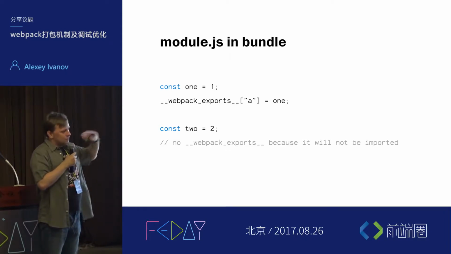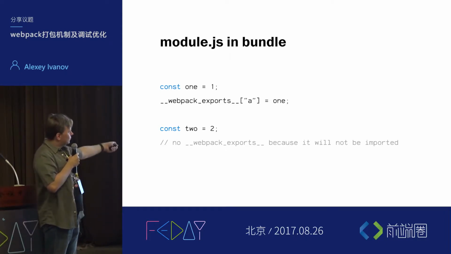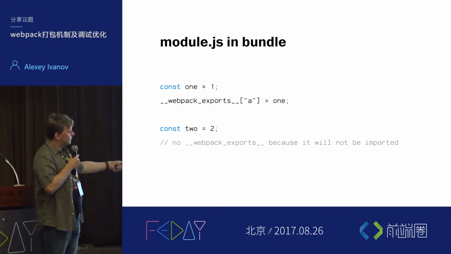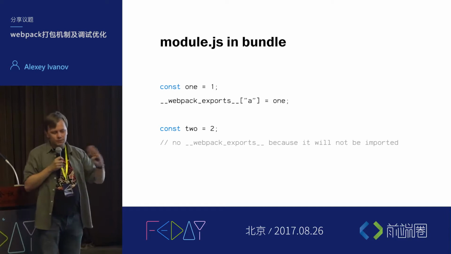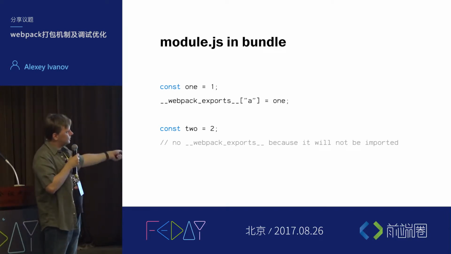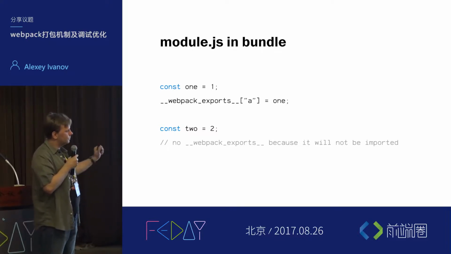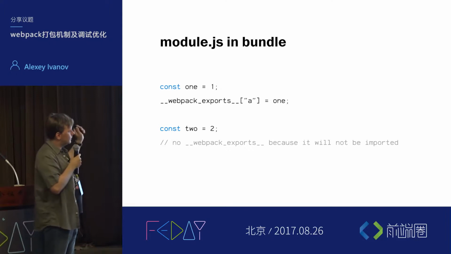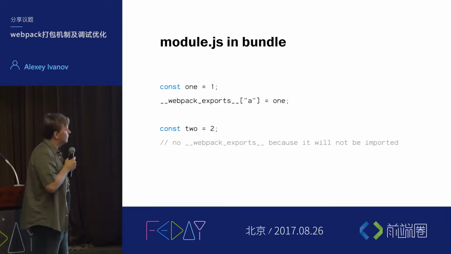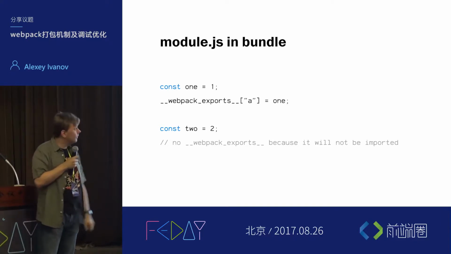It's a function that will import it to other files, but const2, the one we know will not be imported, does not have this part. We know that it will not be imported. It can still be evaluated, it will add things to the global scope if it needs to, but it will not be imported or exported. This way we can run uglify.js on this file and remove safe things and leave only unsafe things here.